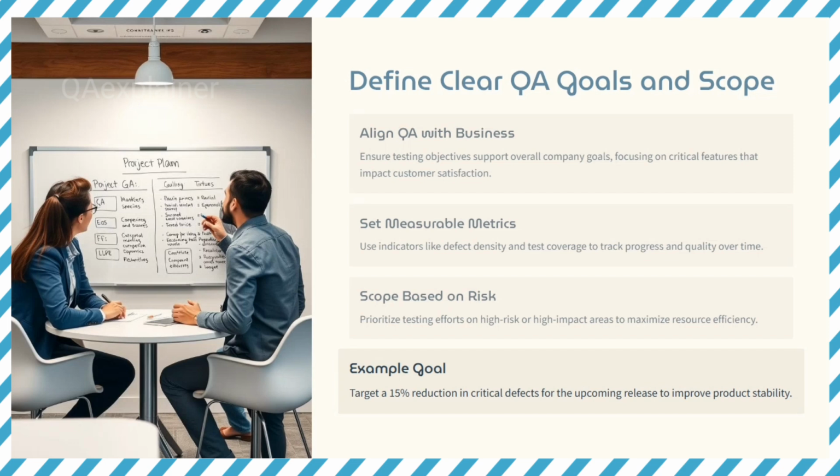If we take this kind of target, then our product stability will improve. These are all clear QA goals, and they should be in your QA scope while you are talking about your QA goals or QA plans.